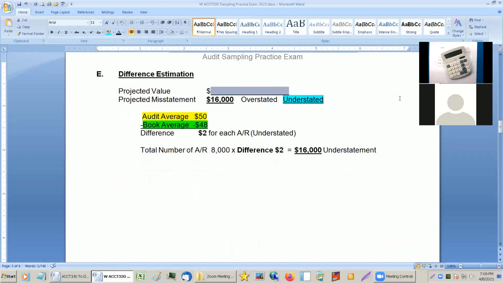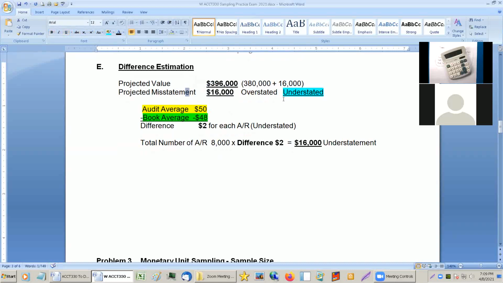All right, so this would be 396. So this one, you kind of back into it. You have to add that in to get this number. So it gives you the projected misstatement first, which is a little bit different than the other ones.